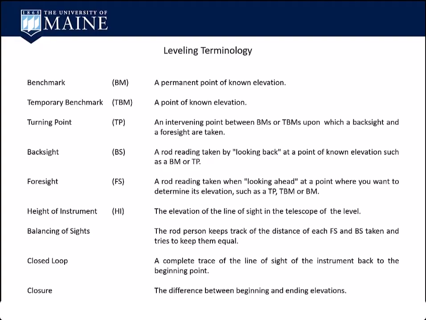When I run levels, I don't carry elevations. I just take the backsights and foresights and book them in that manner. I wait until I'm done, and then we'll do some calculations to see how well we closed, and then after an adjustment, then you populate the elevations in the book.